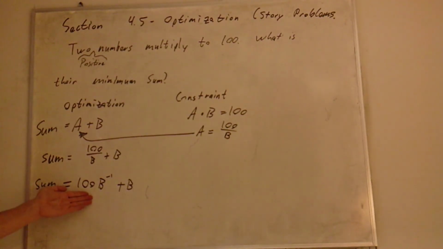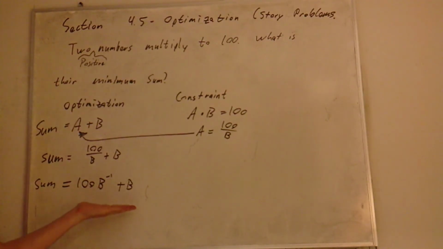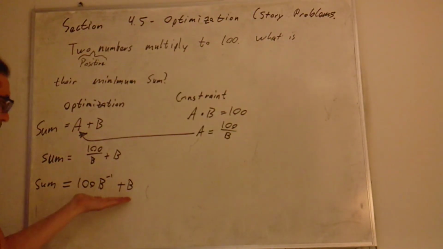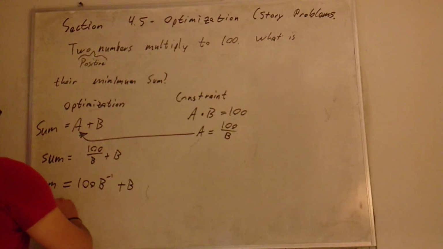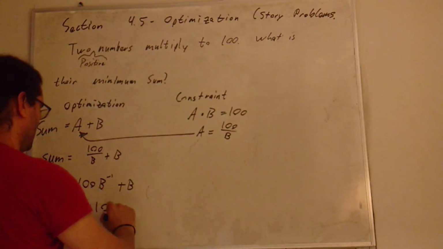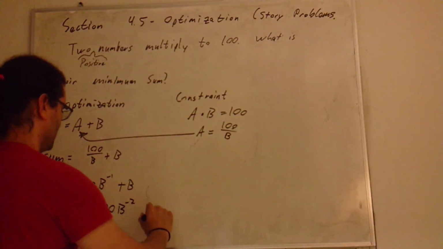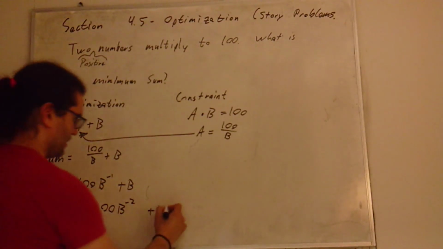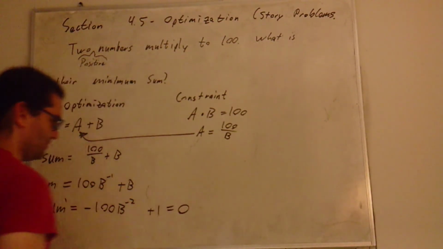This is now the equation I want to optimize as a function of one variable, so I can start taking derivatives. Sum prime equals negative 100b to the negative 2 plus 1. This is what I'm setting equal to 0.